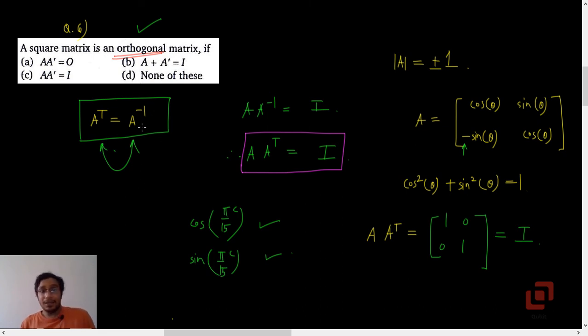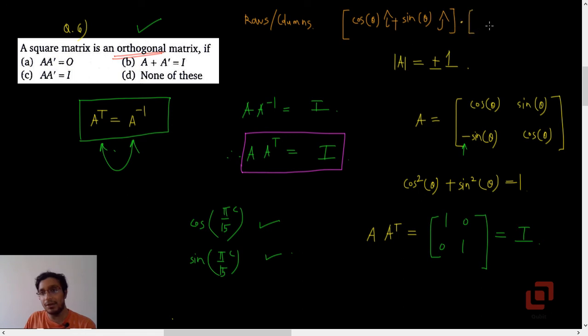The other thing about orthogonal matrices is this. If you consider its rows or its columns, and take their dot product, it will be 0. For example, consider the first row, let's treat it as a vector, and consider the second row.